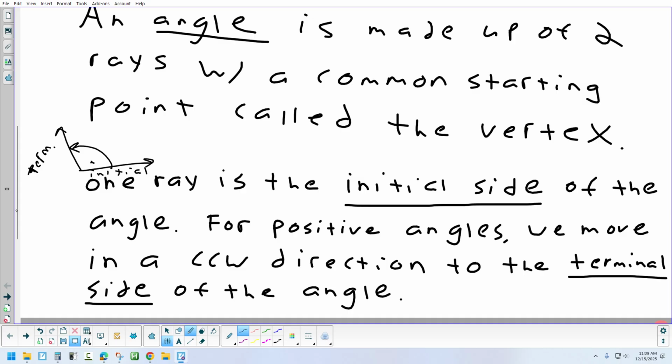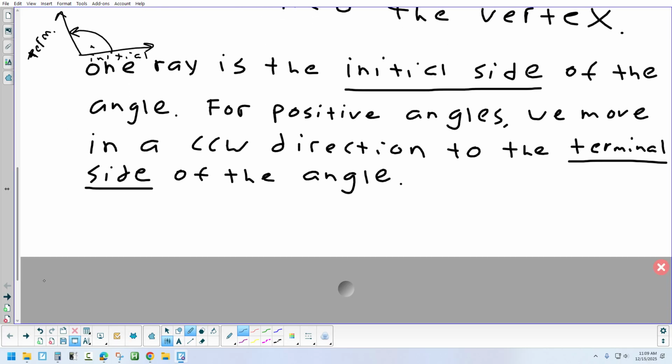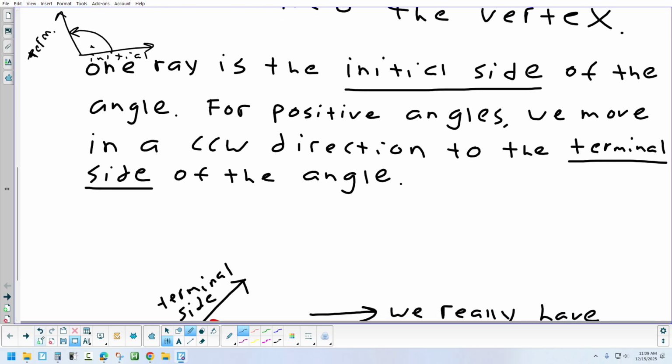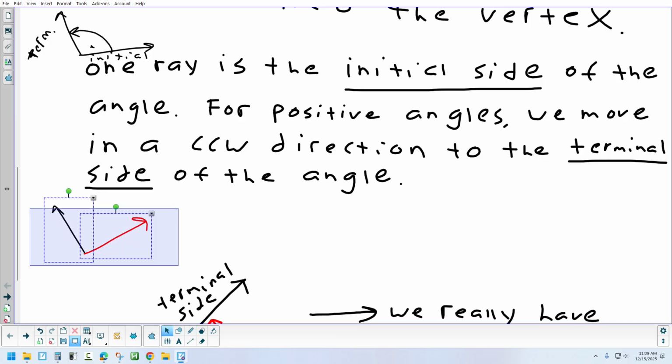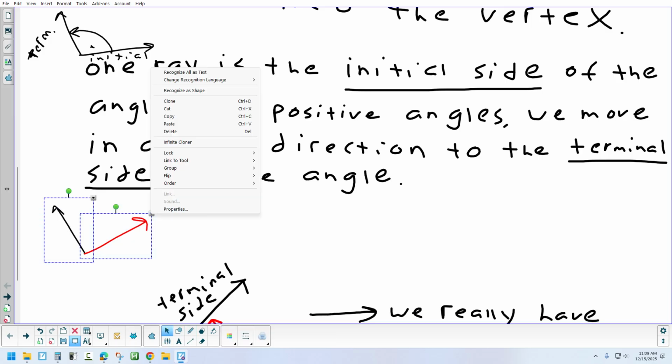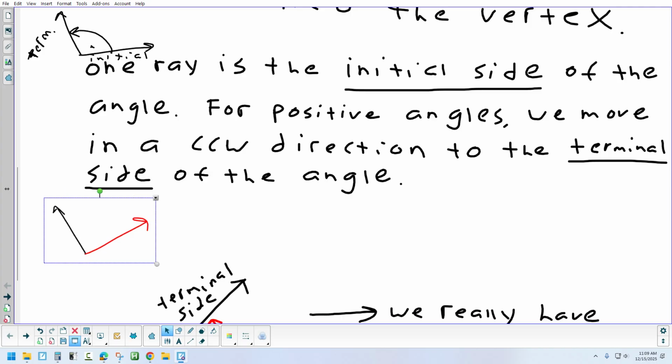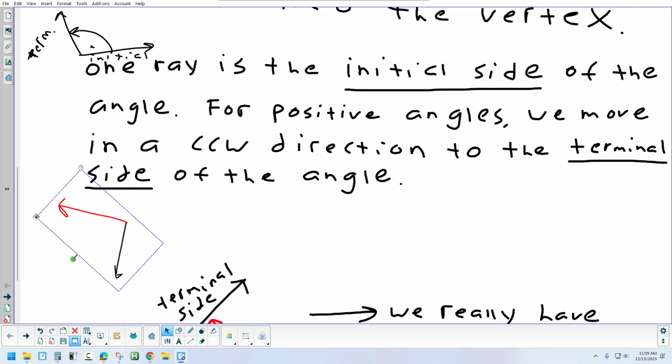And it doesn't matter how you rotate that. I can take this picture and group these together, and I can rotate them any way that I want.